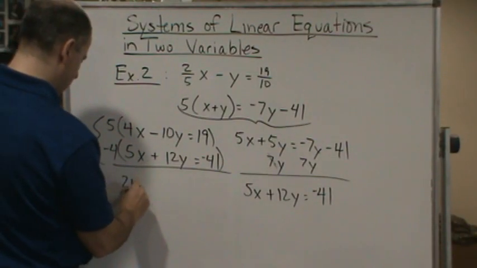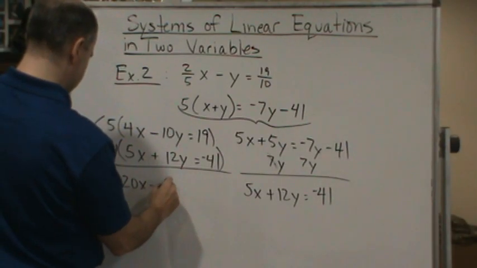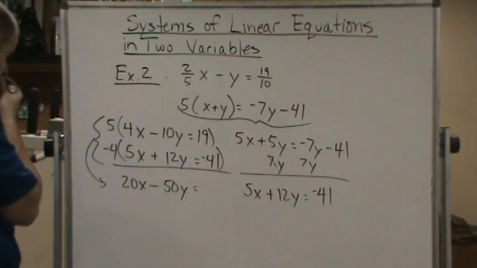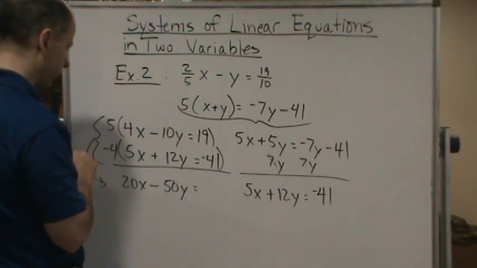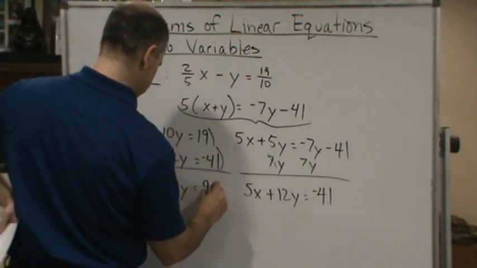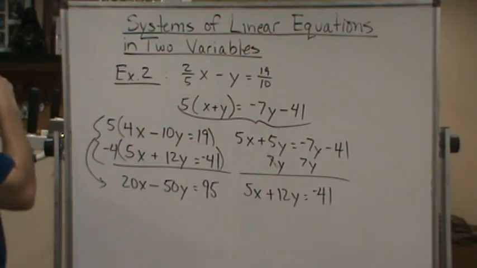So this one will be 20x minus 50y equals 95.